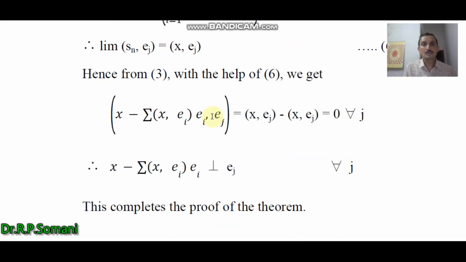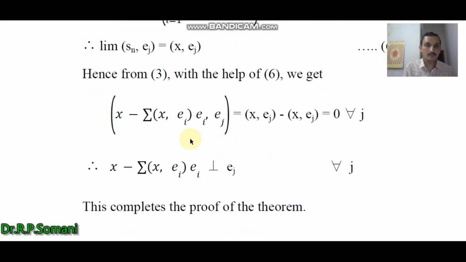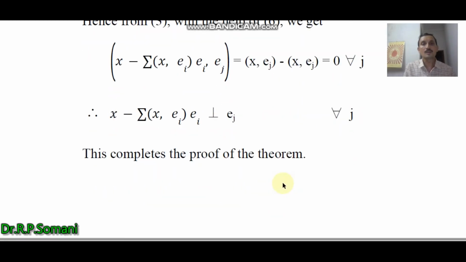Hence, from equation 3, with the help of this equation 6, we get ⟨x minus the summation of ⟨x, e_i⟩ e_i, e_j⟩ equal to ⟨x, e_j⟩ minus ⟨x, e_j⟩, equal to 0 for all j. Therefore, the first term, x minus the summation, is orthogonal to the second term e_j. So, in this way, the proof of the theorem is complete.